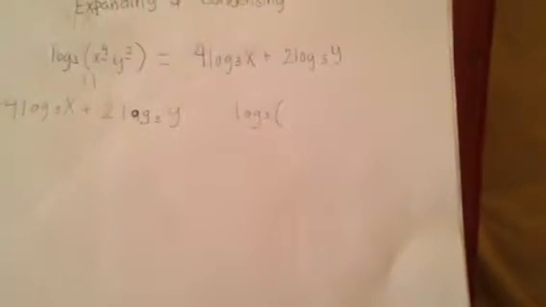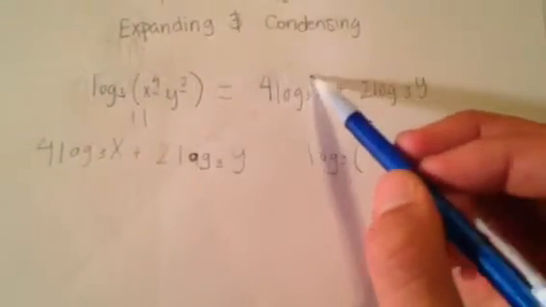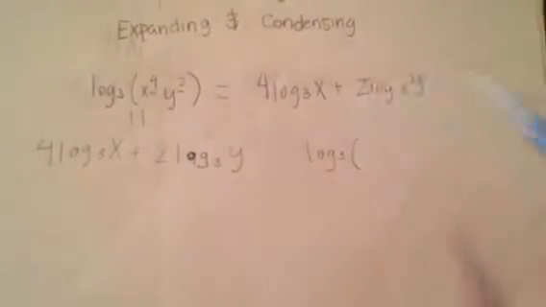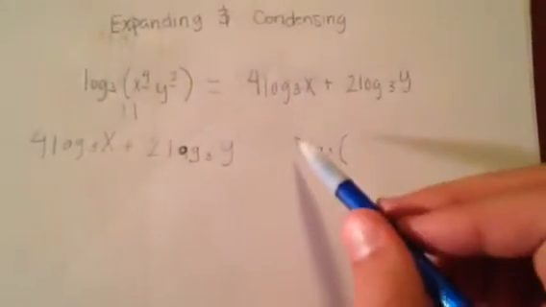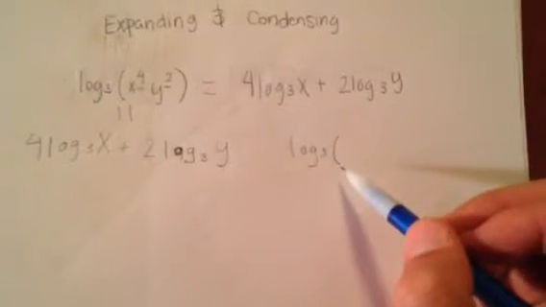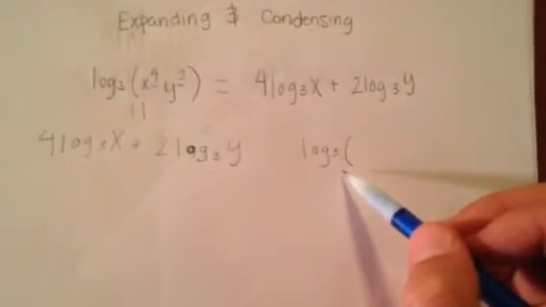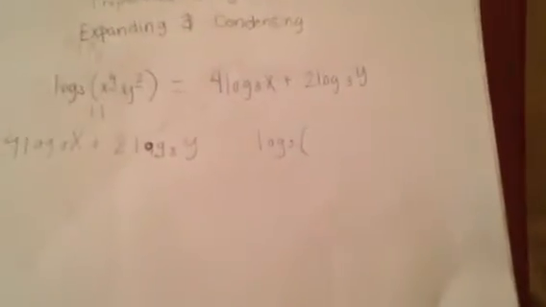Now, finding what you need to get in the parentheses is a little bit difficult. So what you're going to do is find what part of this is not in this. Both of these have log base 3, that's why you took this out. It's kind of like finding the GCF, greatest common factor.